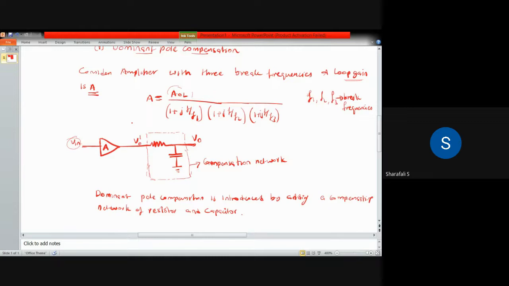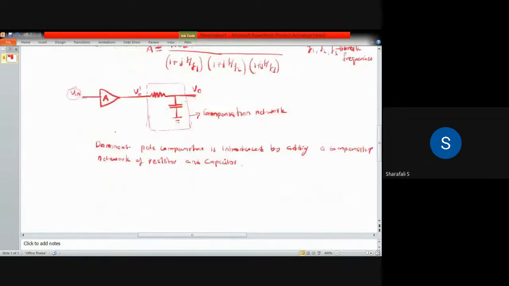So what is the meaning of dominant pole compensation? It means that a pole with a magnitude much smaller than the existing poles has to be added into the system. We already discussed this dominant pole concept in the last class.